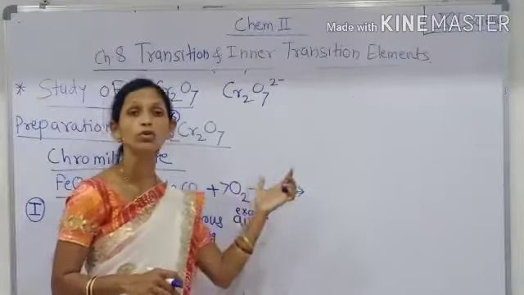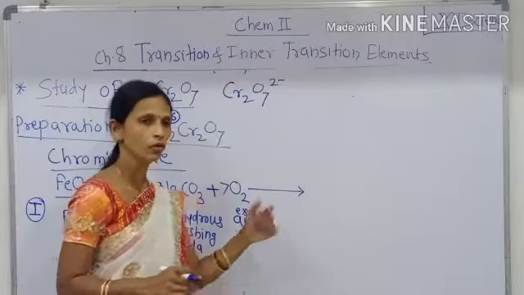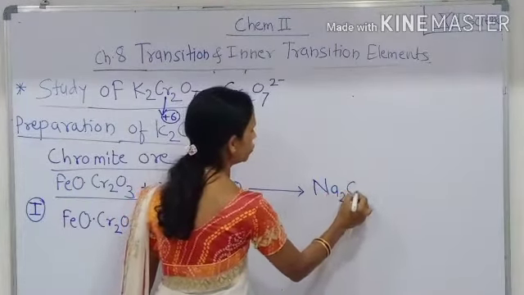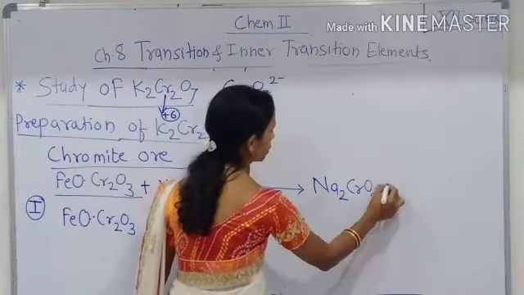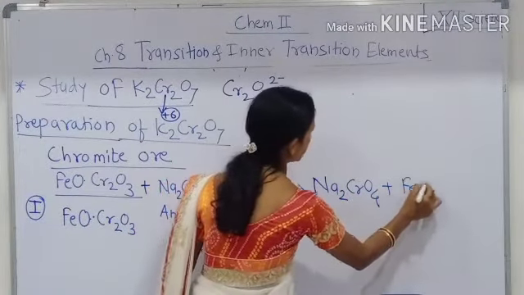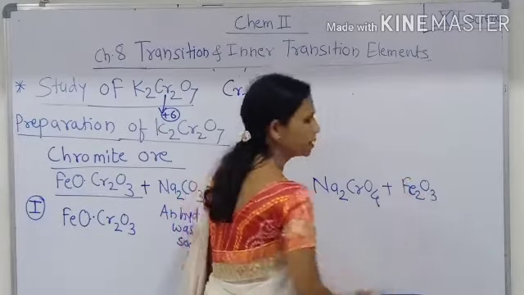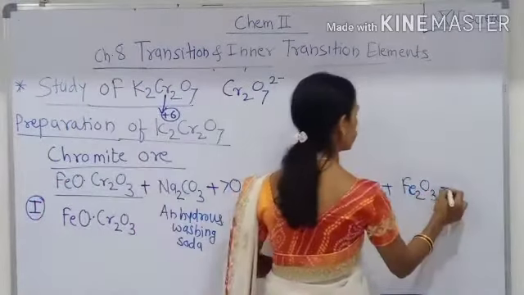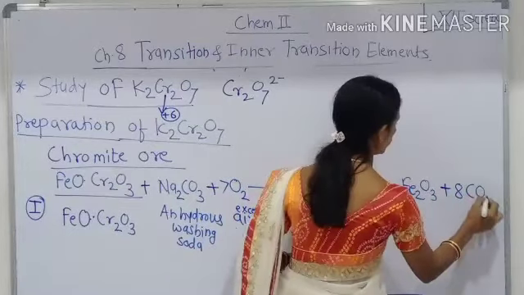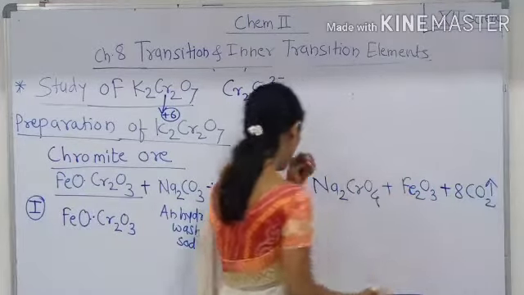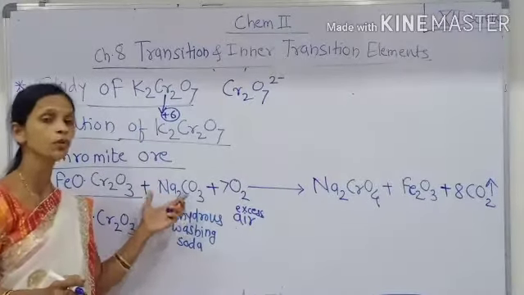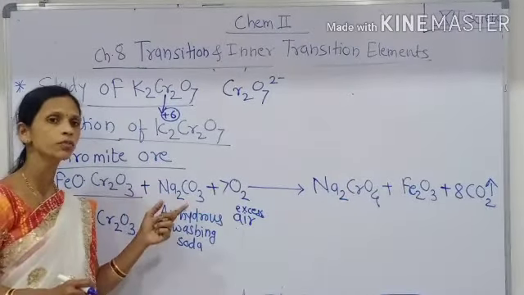into sodium chromate, Na2CrO4, with the formation of Fe2O3, that is iron oxide, and liberation of CO2 gas. This process takes place in the reverberatory furnace, and a flux is used during it.